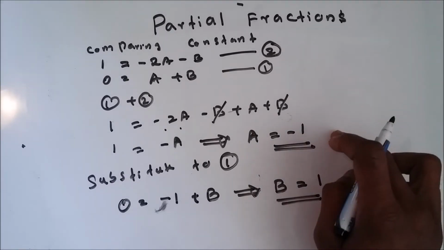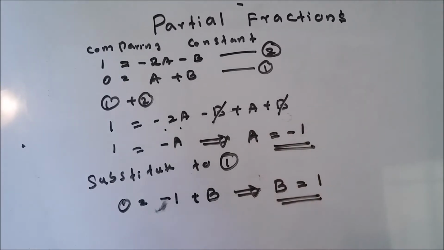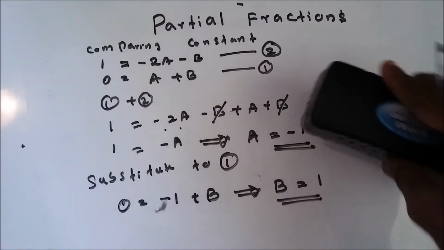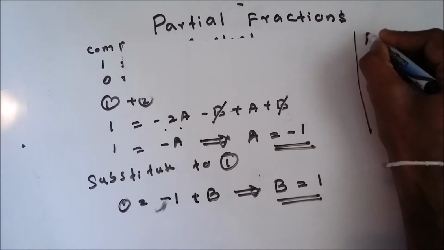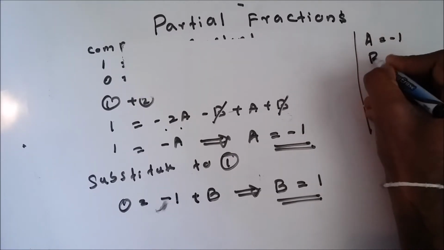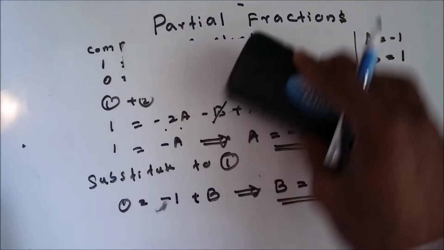Then we can substitute A and B into our example. I'll write here A equals minus 1, B equals 1.